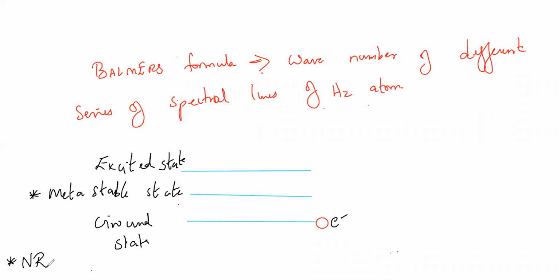So when a negatively charged electron is given some energy, at the ground state it has got no energy. If this electron is given some energy, it gets excited, which means it feels very happy and jumps to the excited state.